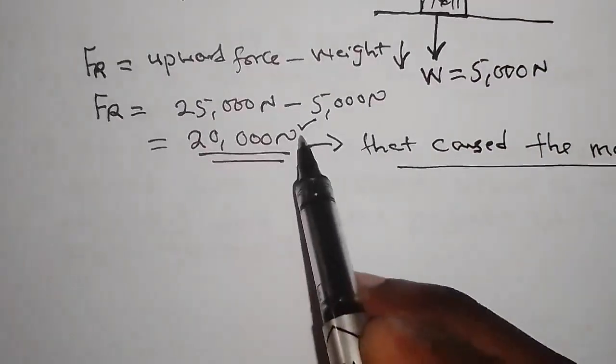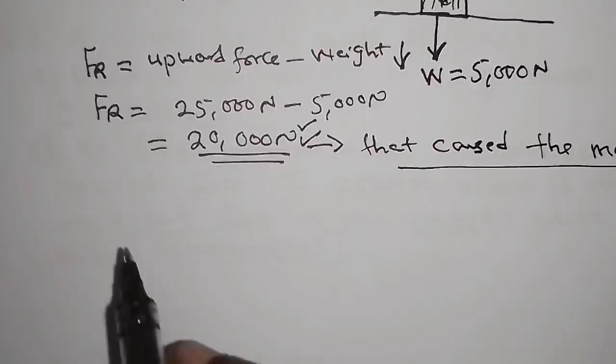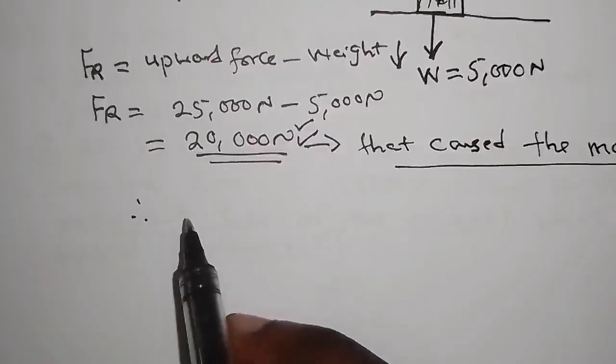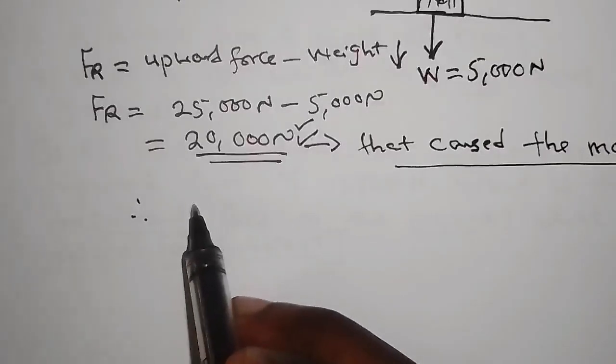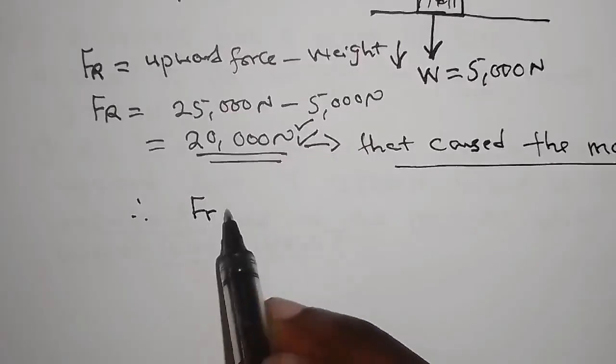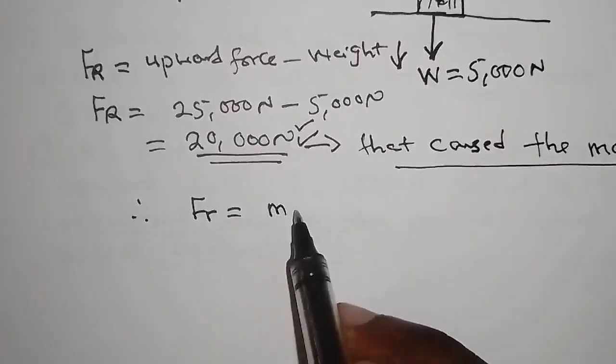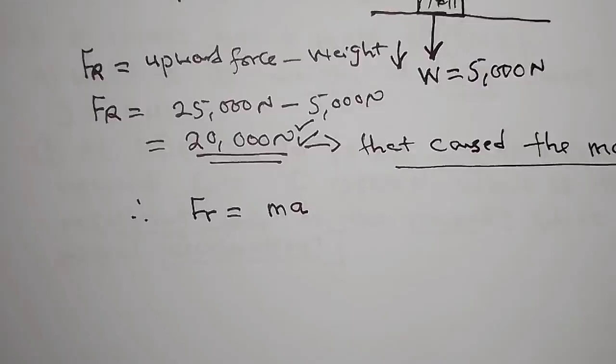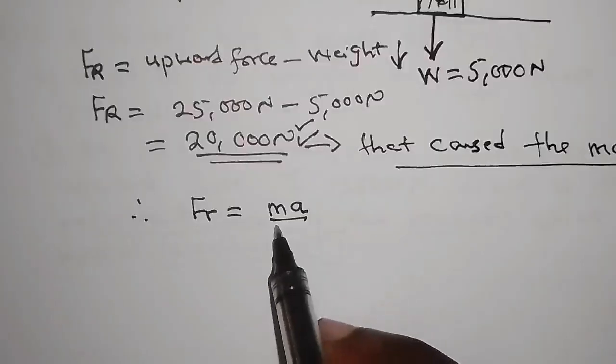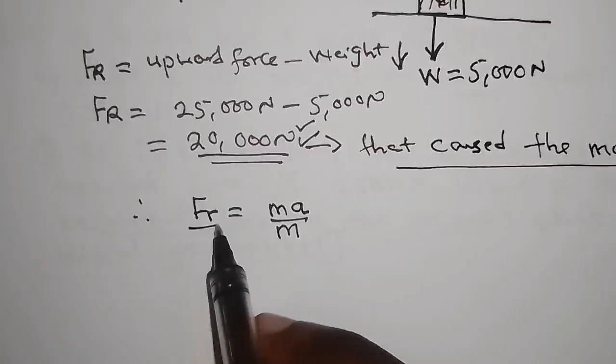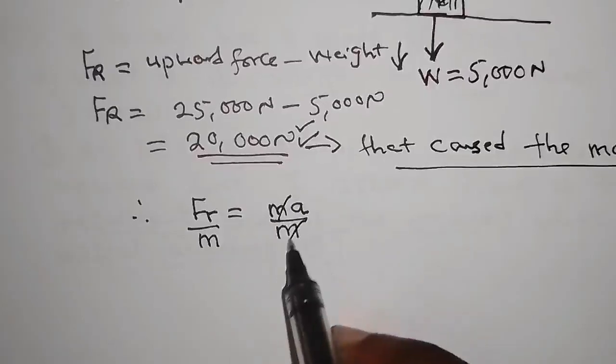So now this is the resultant force, and therefore for the acceleration, first of all, you say resultant force is equal to mass times acceleration. So we make acceleration the subject by dividing both sides by the mass.